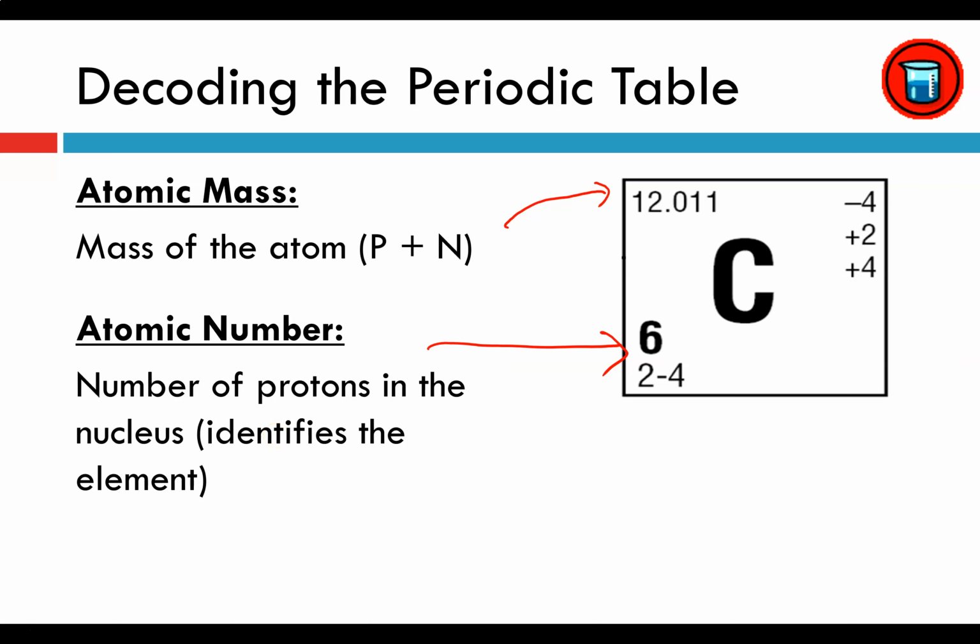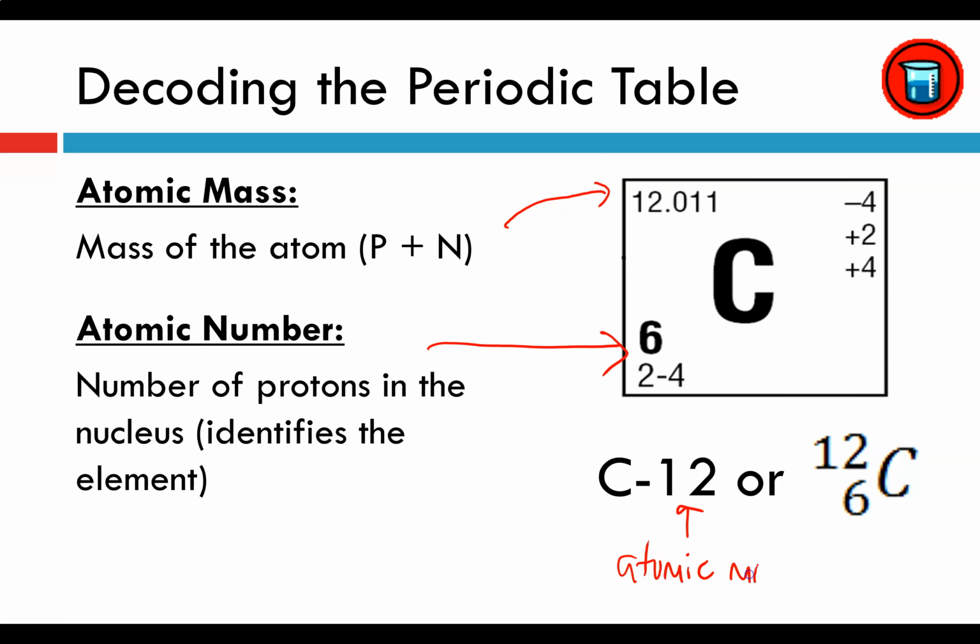You're going to see a couple different notations really throughout the school year to represent the elements. Here are some examples for carbon. What do you think the 12 means here? Oh yeah, it's the atomic mass. Well, what about over here? What's this 12? It's the same thing.